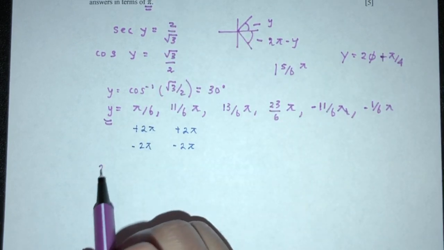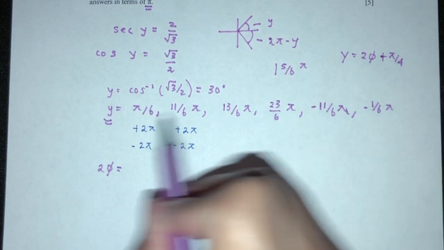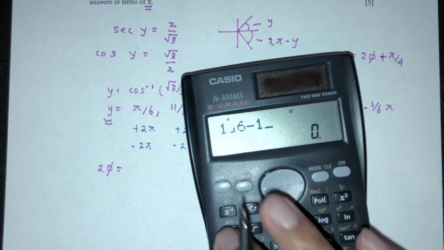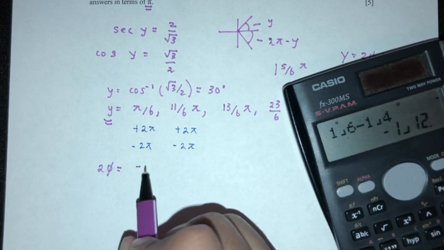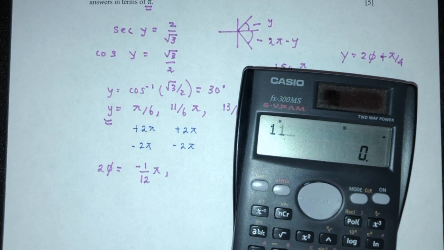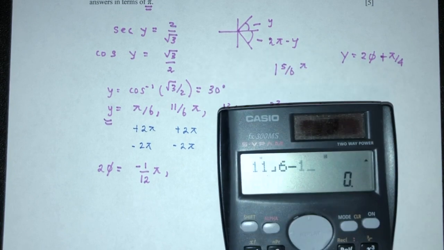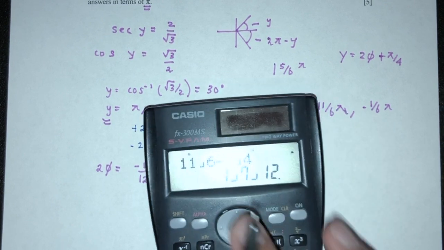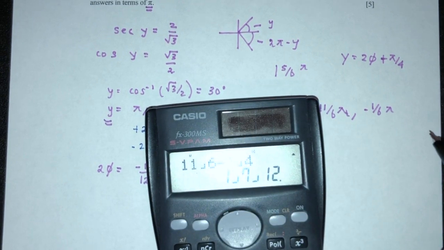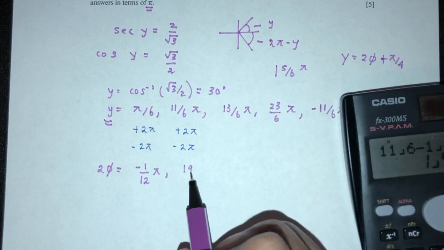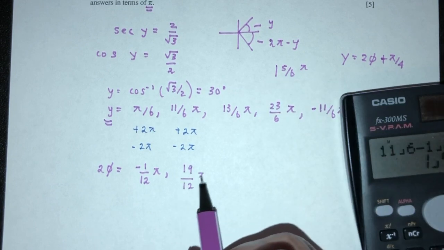So let's first find 2 this one. That will be everything minus this. That will be 1 over 6 minus 1 over 4, that will be minus 1 over 12. Then 11 over 6 minus 1 over 4, so that is 1, 7. So 1 times 12 plus 7 will be 19 over 12 pi.